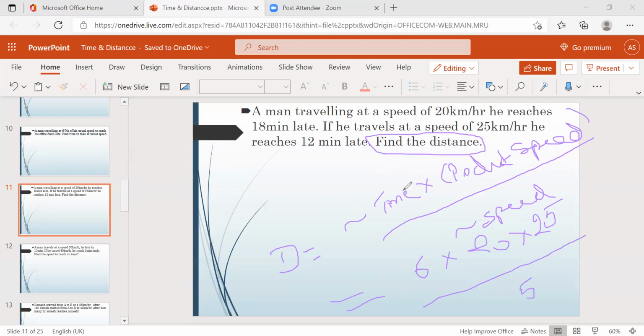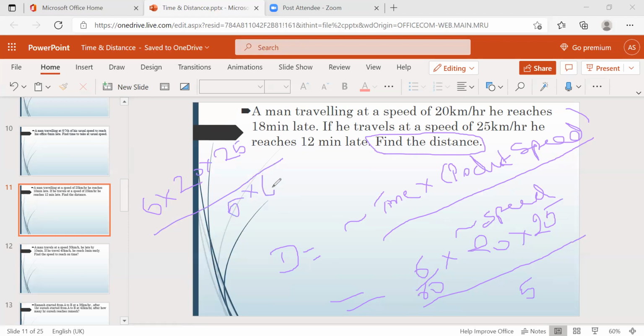But you need to remember, so 6 by 60. Why? 6 is in minutes, and these are kilometers per hour, so we convert it. Now just calculate this. 6 by 60 into 20 into 25 by 5.